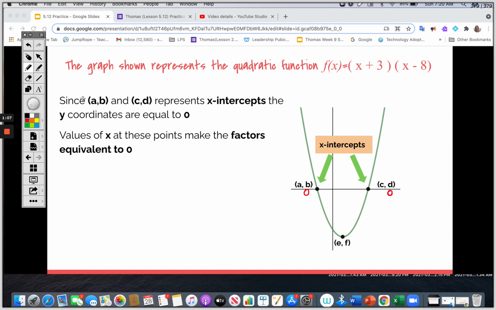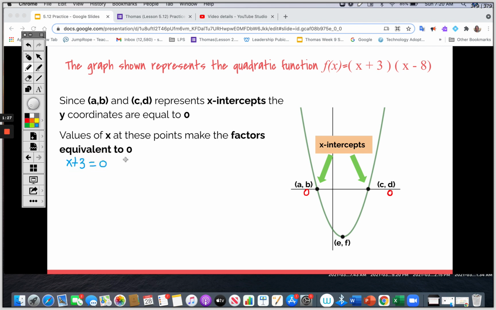Now, in order for us to find the values of x in that case, we're going to make each of those factors equal to 0, since the x-intercepts occur where y is equal to 0. So we take our x plus 3 and set that equal to 0.